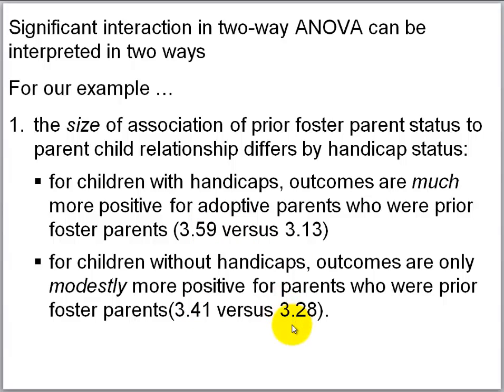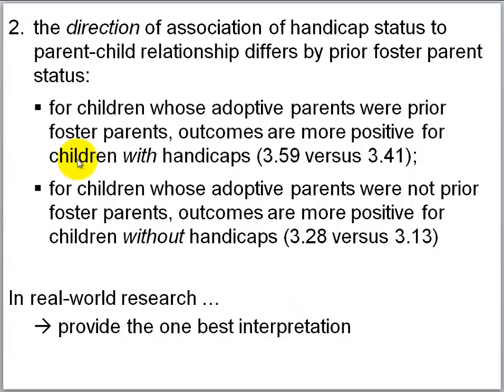And there's also a second way to look at the interaction effect here. The second way we could look at the interaction effect would be to look at the fact that the direction of association of handicap status to parent-child relationship differs according to prior foster parent status.